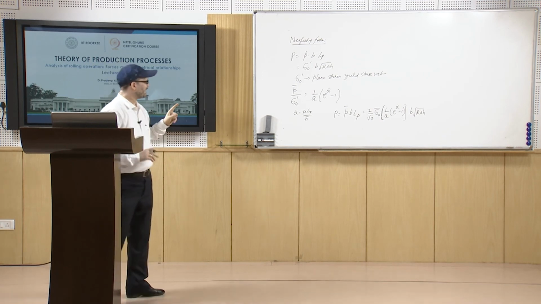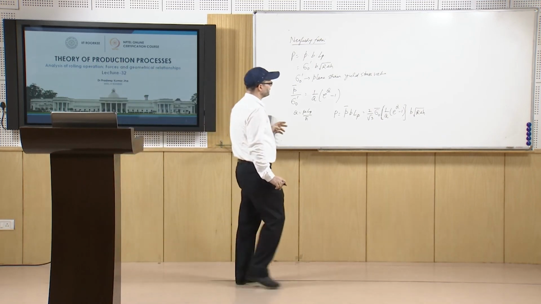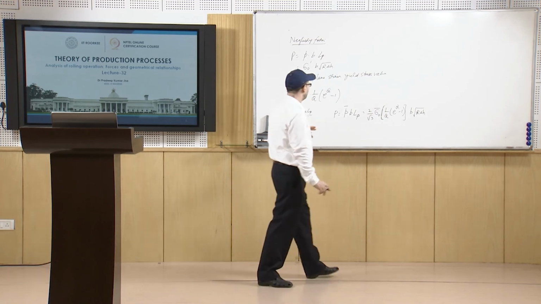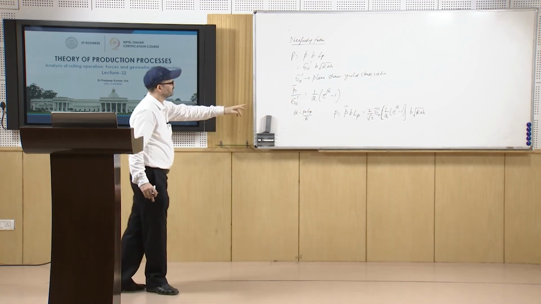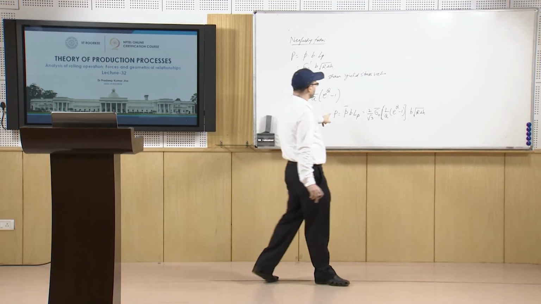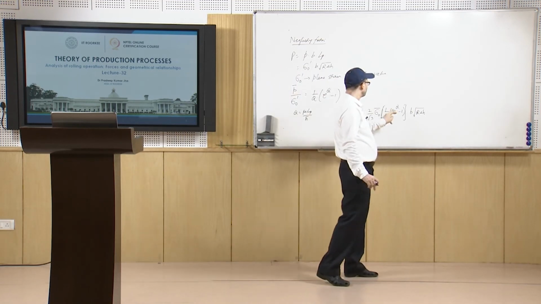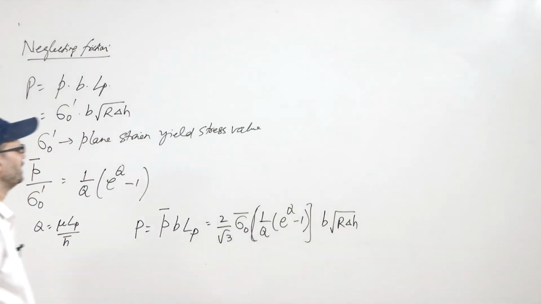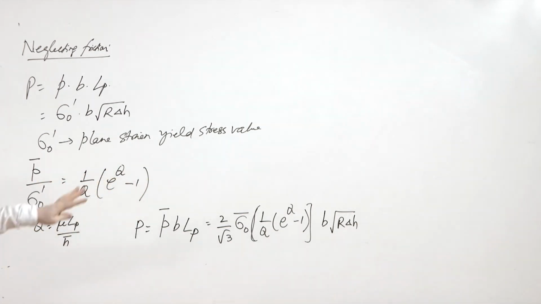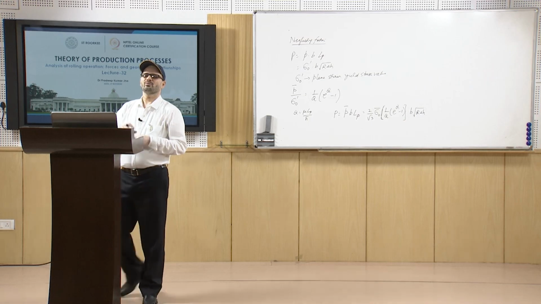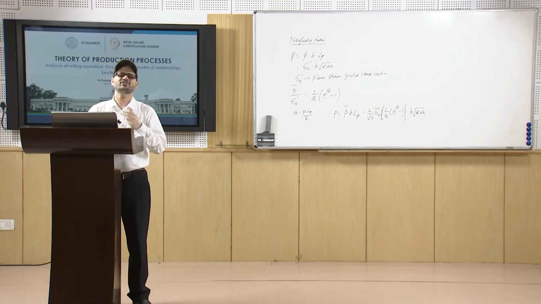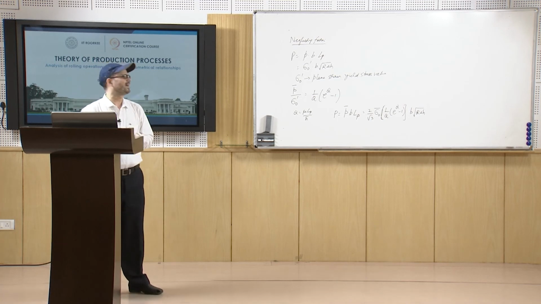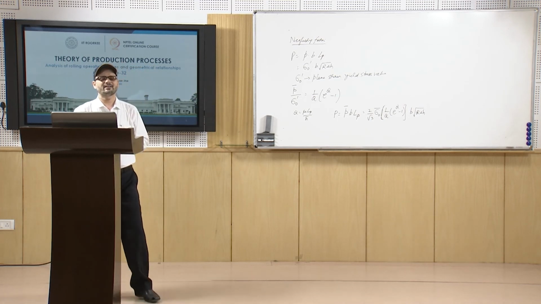Now, if you look at this, P is dependent upon this q and also this R delta H. So, basically it is dependent upon the radius of the roll. In general, it has been seen that roll diameter is important.